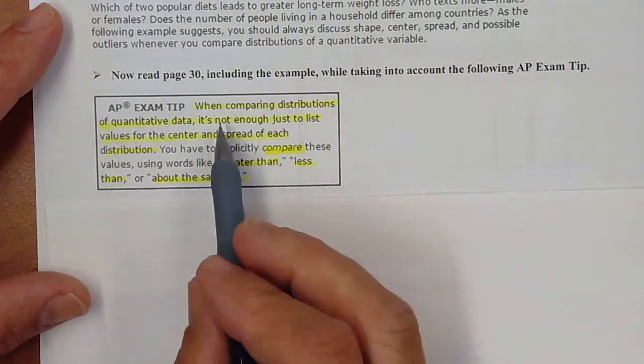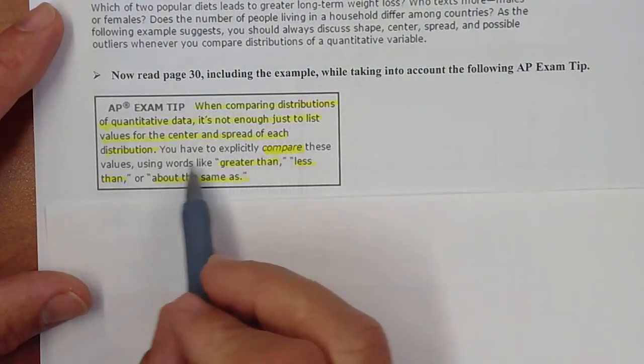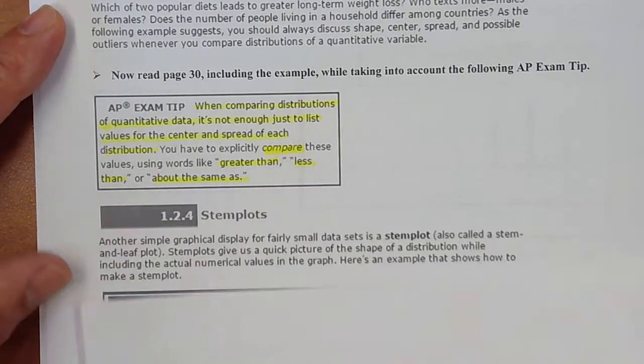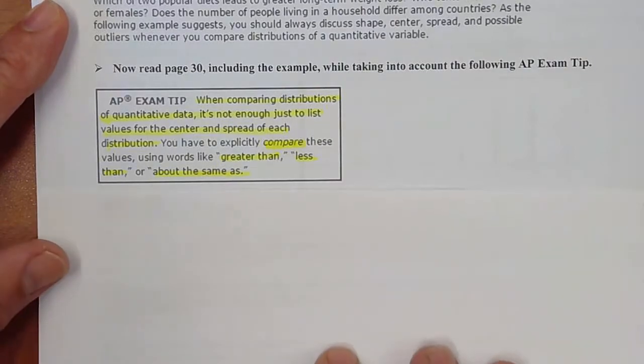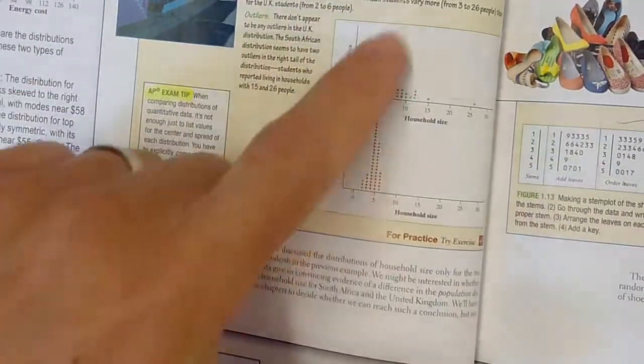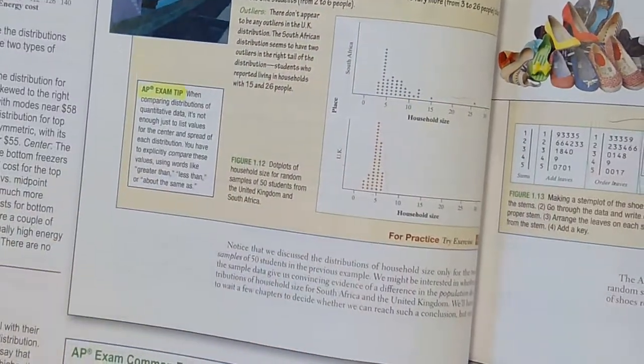They talk about some real important things that is expected whenever you do a free response problem when you compare 2 distributions side by side, as you're going to see on page 30. It's not in your notes, but if you look at this example here, it's a good example of comparing 2 distributions like that. Okay, I'll give you a couple minutes to read that example.